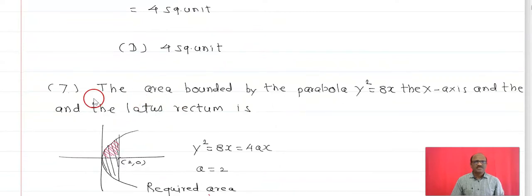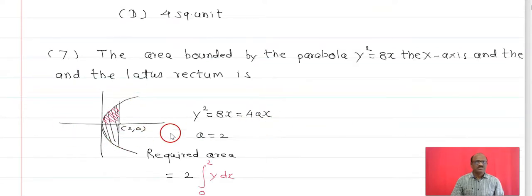Now the next is the area bounded by the parabola y square is equal to 8x, the x-axis and the latus rectum. Now see this, the rough sketch of this parabola y square is equal to 8x. Again, it is symmetric about the x-axis. y square is equal to 8x is of the form y square is equal to 4ax. The value of a is 2.